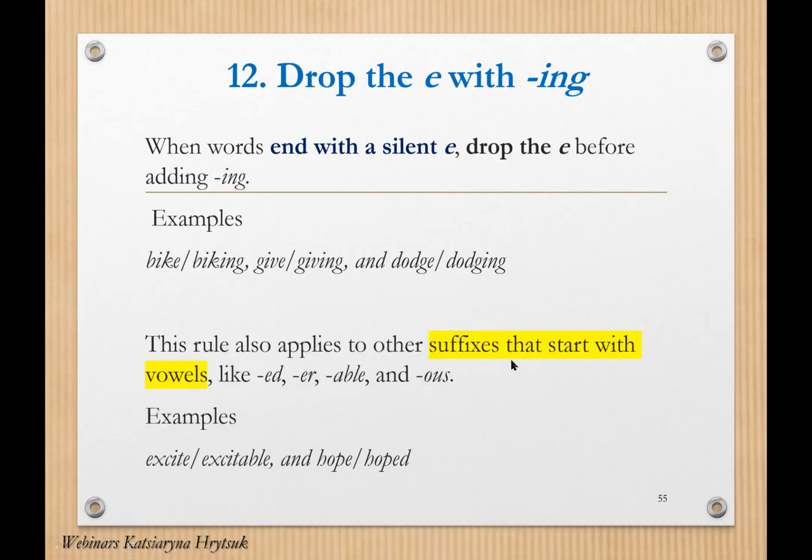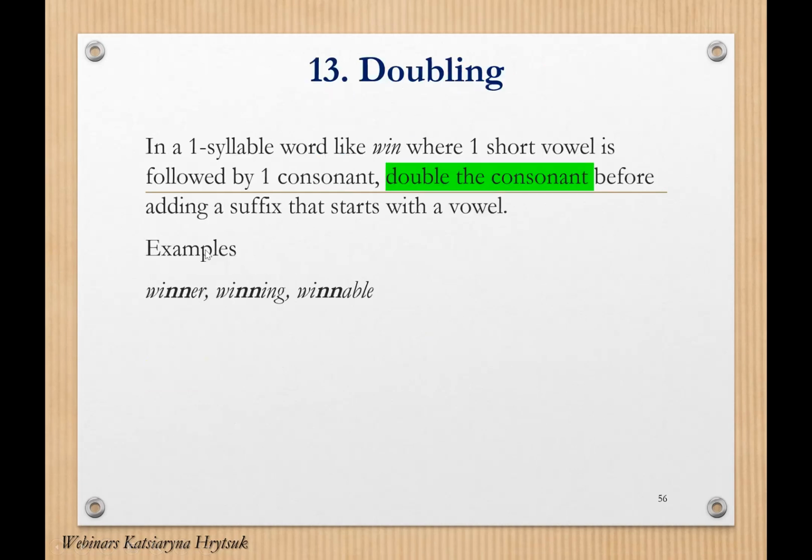This rule also applies to suffixes that start with a vowel. Excite, excitable. These are suffixes: ed, er, able, ous. So we add this part to the end of the word. Excite, excitable. You see, we don't have this E. Hope, hoped. Okay, be careful.